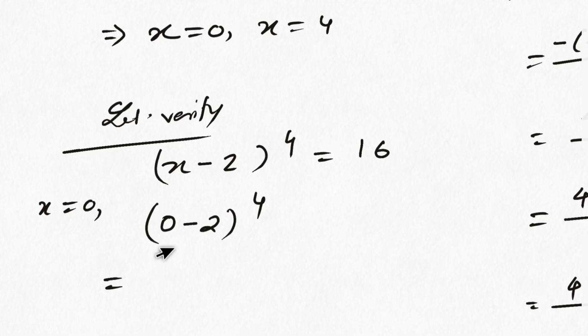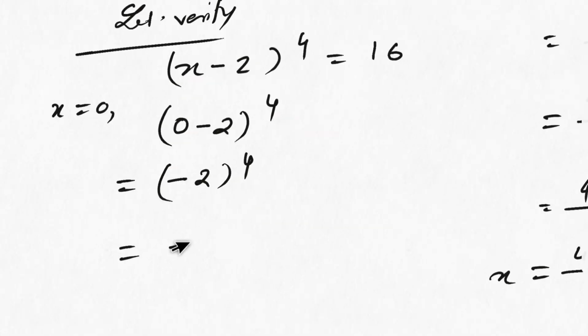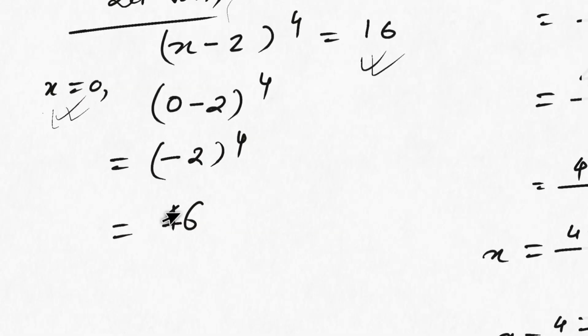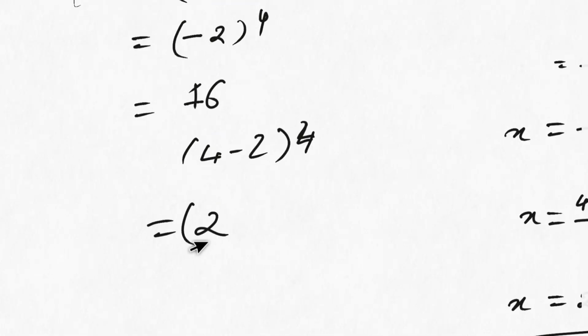That simplifies to negative 2 to the fourth power, which equals 16. This matches our right-hand side perfectly. Next, when x equals 4, the left-hand side becomes the quantity 4 minus 2 to the fourth power. 4 minus 2 is 2, and 2 to the fourth power is also 16.